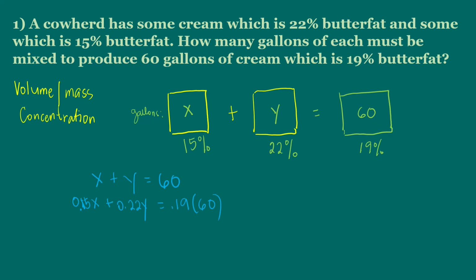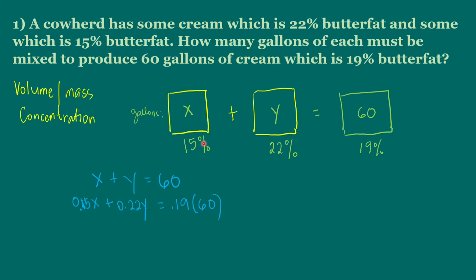So, in every mixture problem, these are the possible equations. The sum of the volumes equals the total volume, and then each volume multiplied by the corresponding percentage or concentration gives us another equation. Alright?